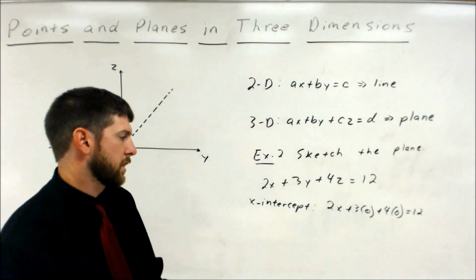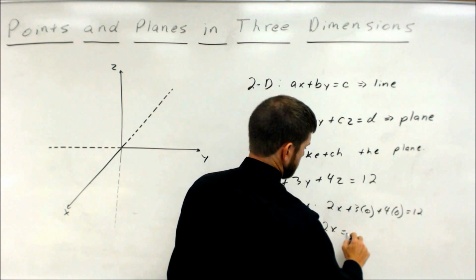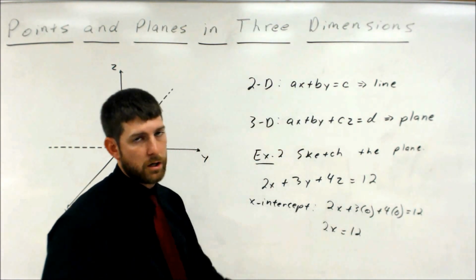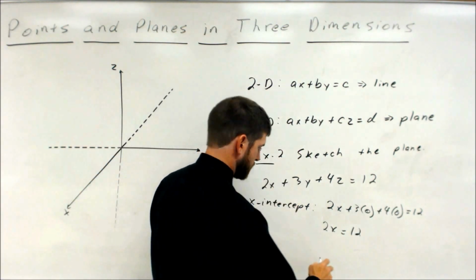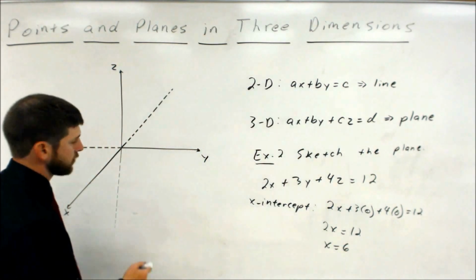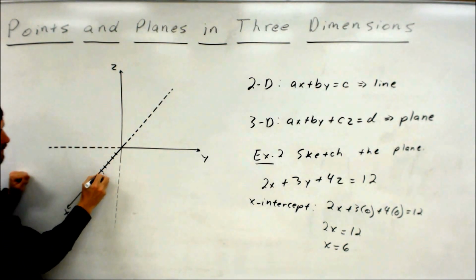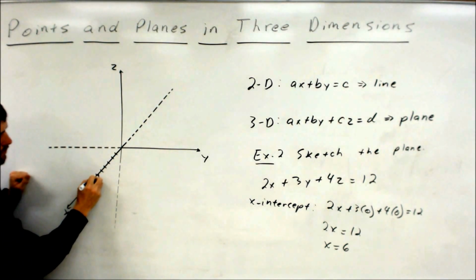When we do the arithmetic there, you get 2x equals 12. And when we solve, we get x equals what? 6. So our x-intercept is 6. So I'm going to come over here and plot 6. 1, 2, 3, 4, 5, 6.